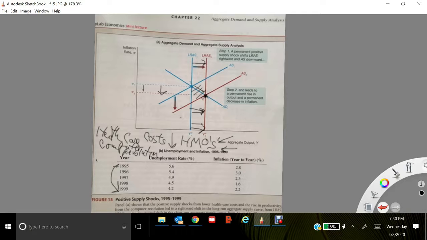And we can hopefully see that in the data, where the unemployment rate is falling steadily and the inflation rate falling, not quite as steadily, but also falling. Remember, there's other things going on that affect the inflation rate.